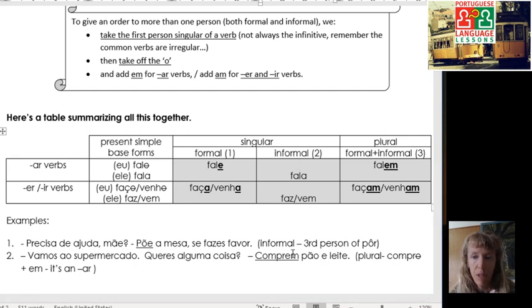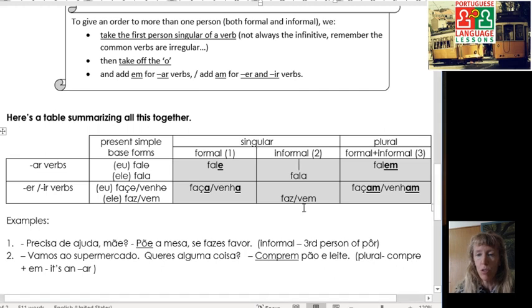For the verb vir, you've got venha, vem, venham. Okay, so if you're finding it a lot to try and do all this working out in your head, and it is a lot, just learn the forms. That's absolutely fine. And you can use these rules as a bit of a backup if you're not sure, if you're thinking, oh, is it really that? And then you can go through the rules to help you.